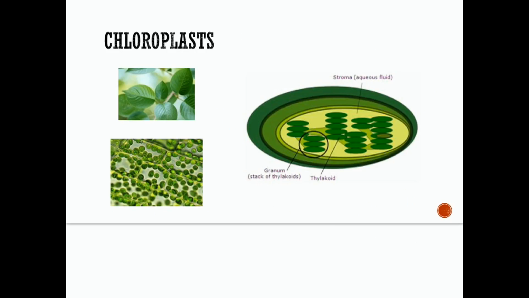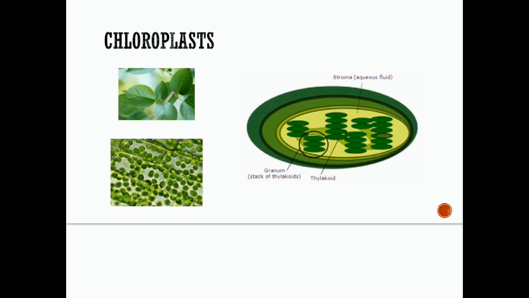So where does photosynthesis occur in a plant? Photosynthesis actually occurs in little organelles called chloroplasts. Chloroplasts, like the one shown right here, are cellular organelles shaped like flattened little discs.